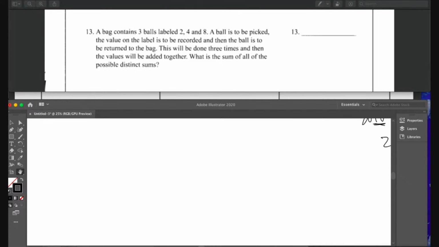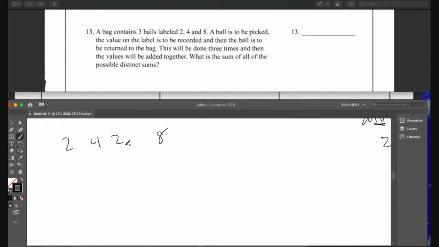So basically, we're picking 3 balls, and they can repeat, and that gives us a sum. Let's say we pick 2, 4, and 2. This gives us a sum of 8.